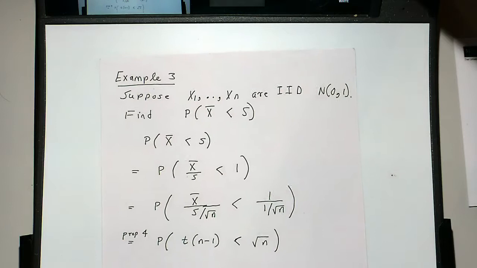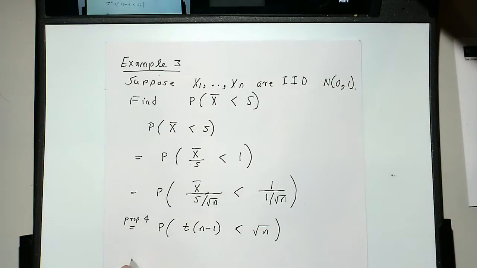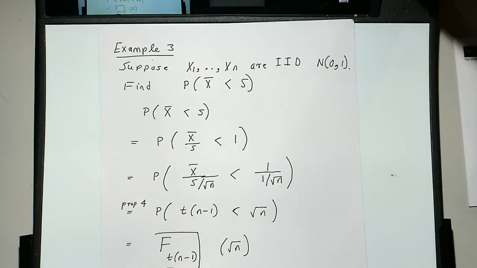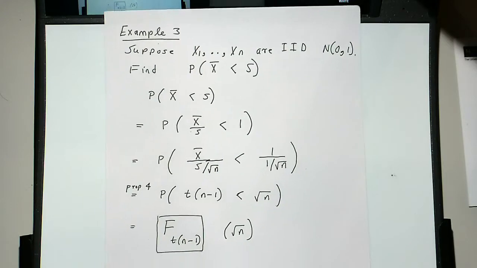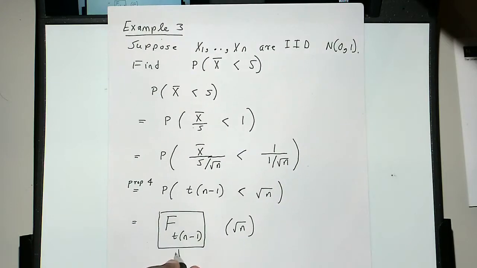Okay. So this becomes the CDF. This is the common notation I will use throughout the course. So this guy here denotes the CDF of a t variable with n minus 1 degrees of freedom.